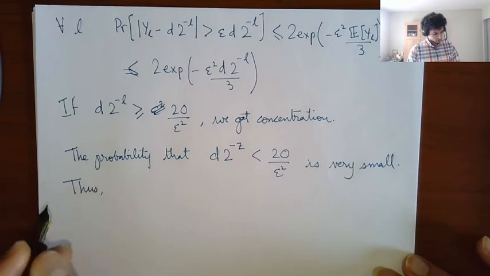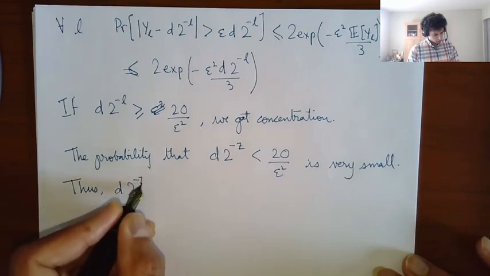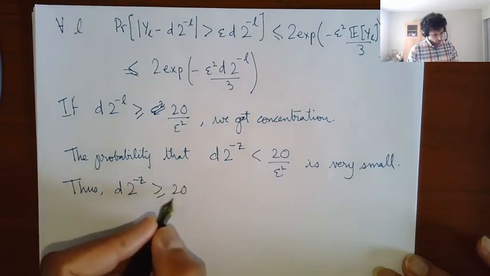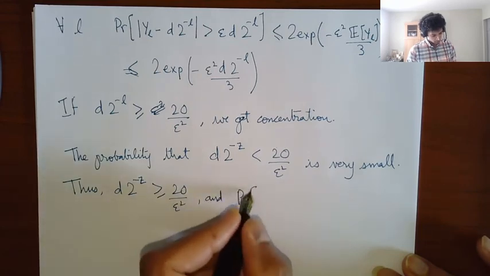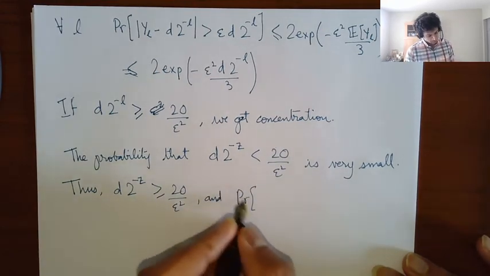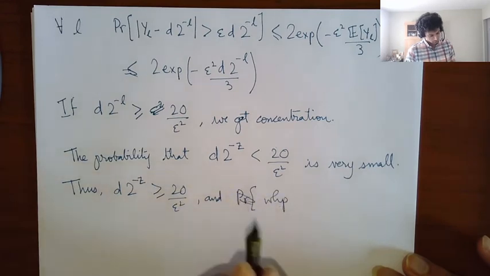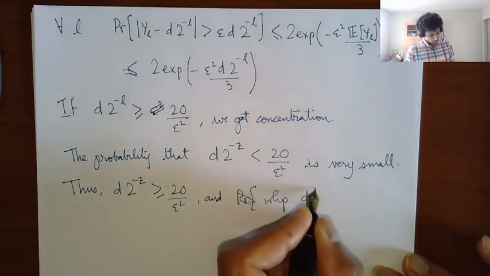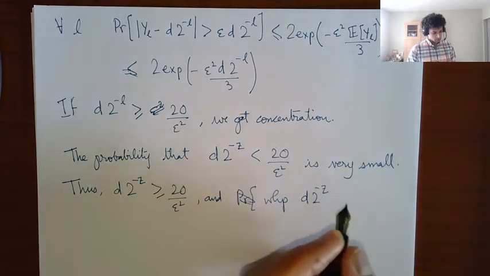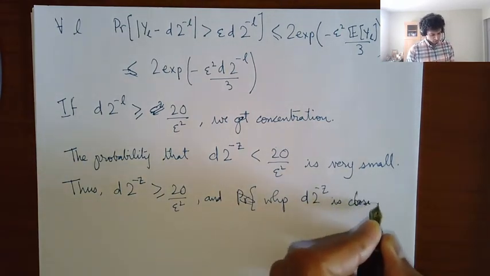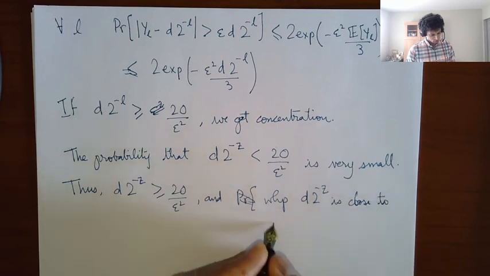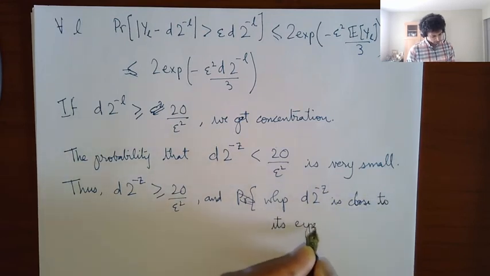Thus, d times 2 to the minus z is going to be greater than 20 over epsilon squared, and with high probability, Y_z is close to its expectation, d times 2 to the minus z.